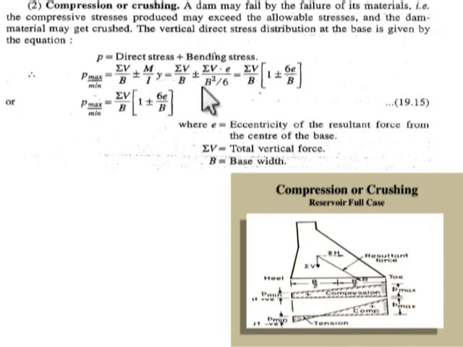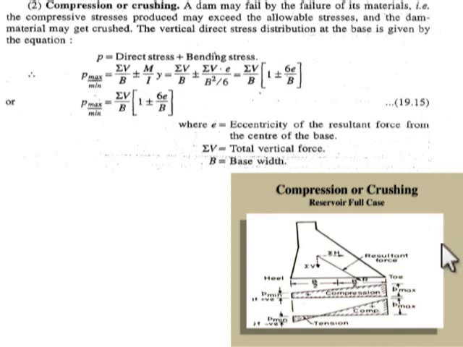Finally you will get this formula for P maximum and P minimum. Bending stresses may be either compression or tension, so it is plus or minus. If we use plus, we get the maximum direct stress. If we use minus, we get the minimum direct stress.